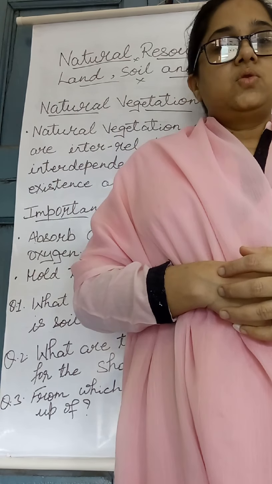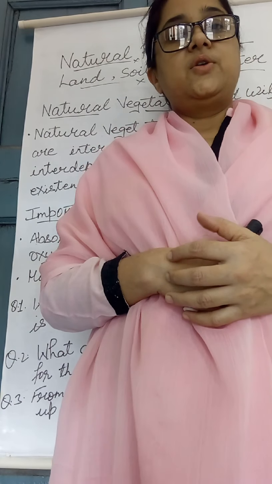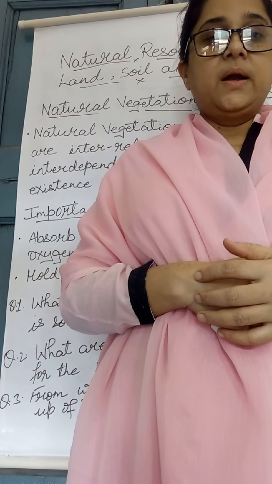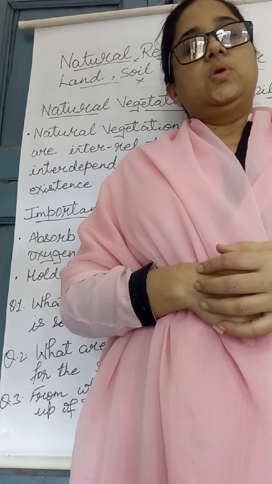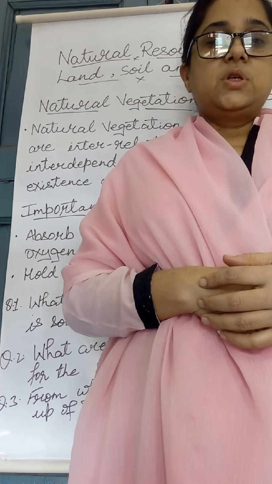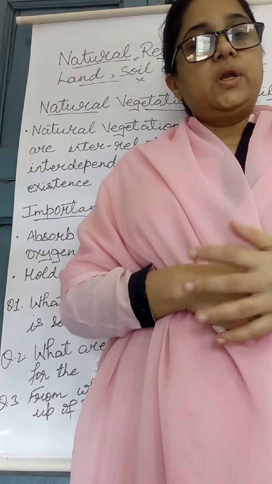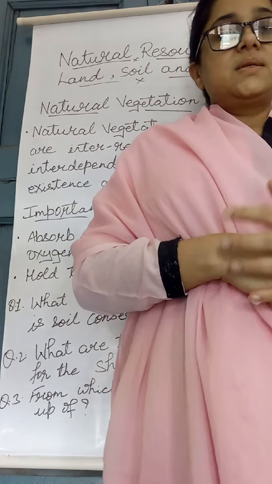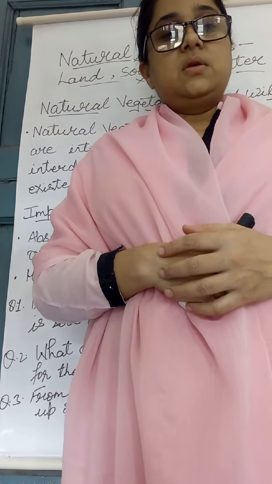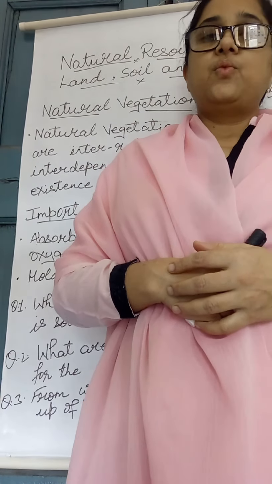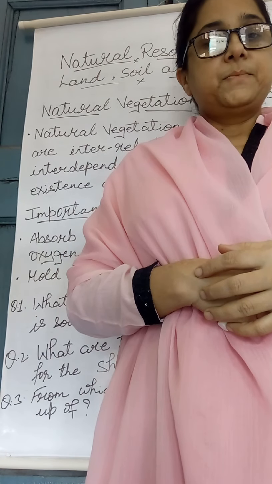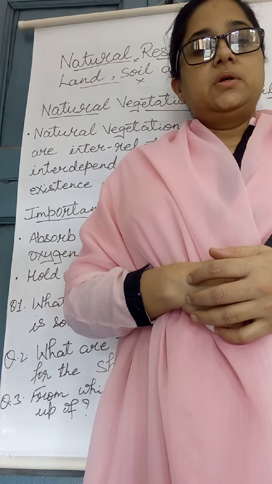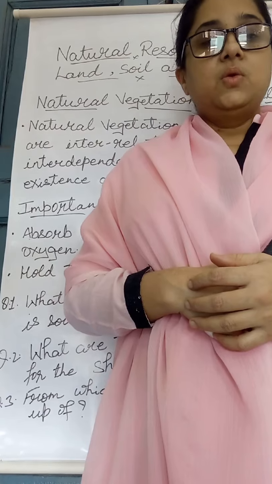Now conservation of natural vegetation and wildlife. Forest is our wealth and plays an essential role in our lives. Factors such as soil erosion, construction activities, forest fires and landslides are causing the extinction of forest and wildlife. Poaching is another concern which is leading to the extinction of valuable wildlife.